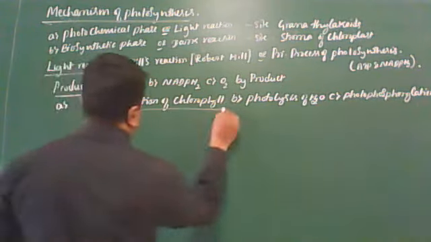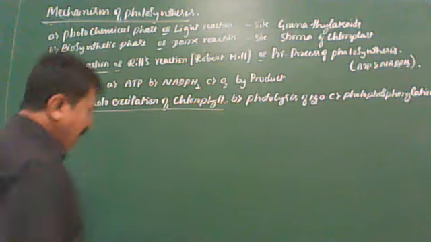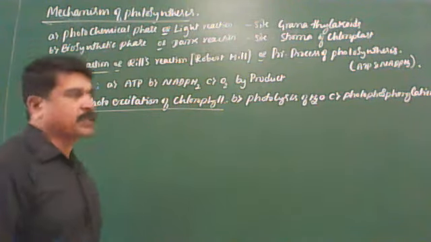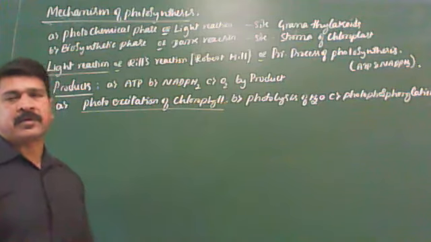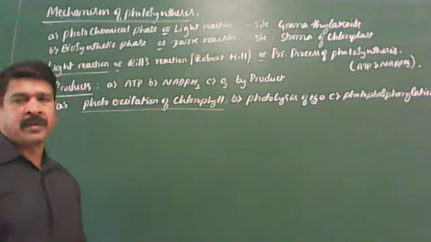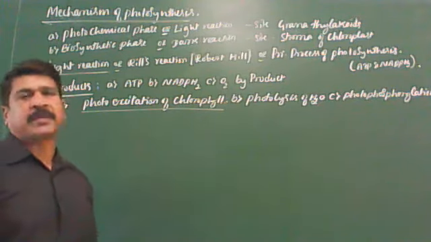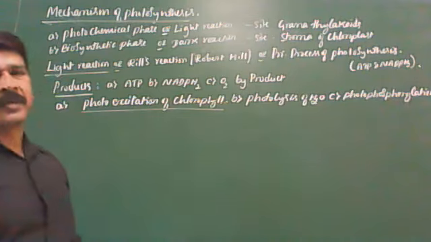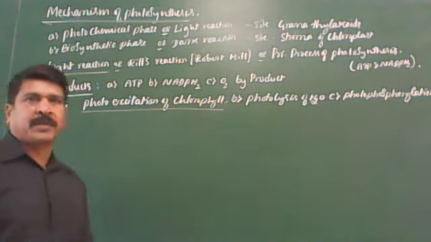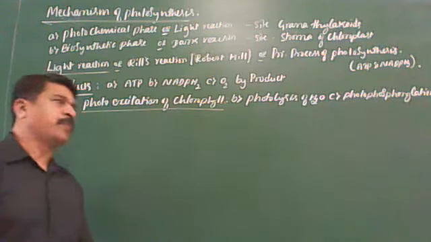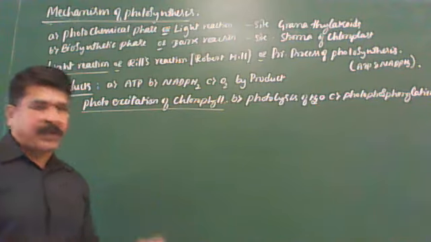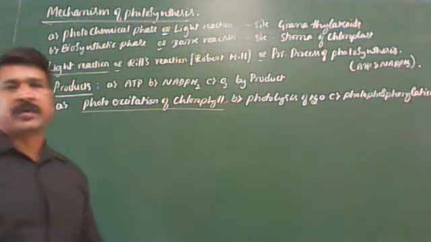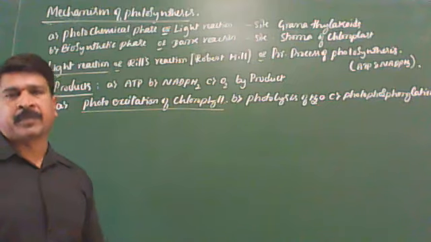Okay, first let us look at the photoexcitation of chlorophyll. Before that, we have to recall what we discussed in the last class. Can you tell which is the primary photosynthetic pigment in plants? A primary photosynthetic pigment not only traps the light energy, but also converts the light energy into chemical energy in the form of ATP.